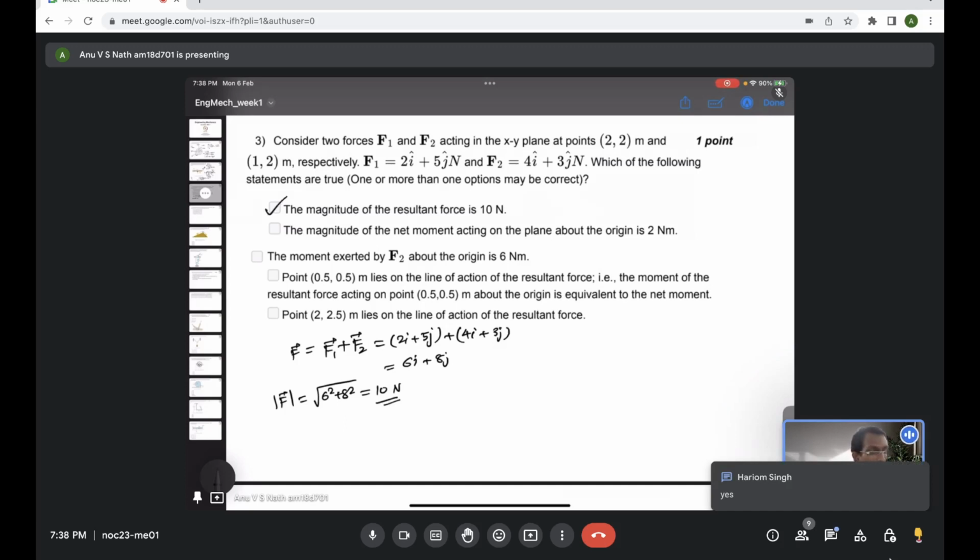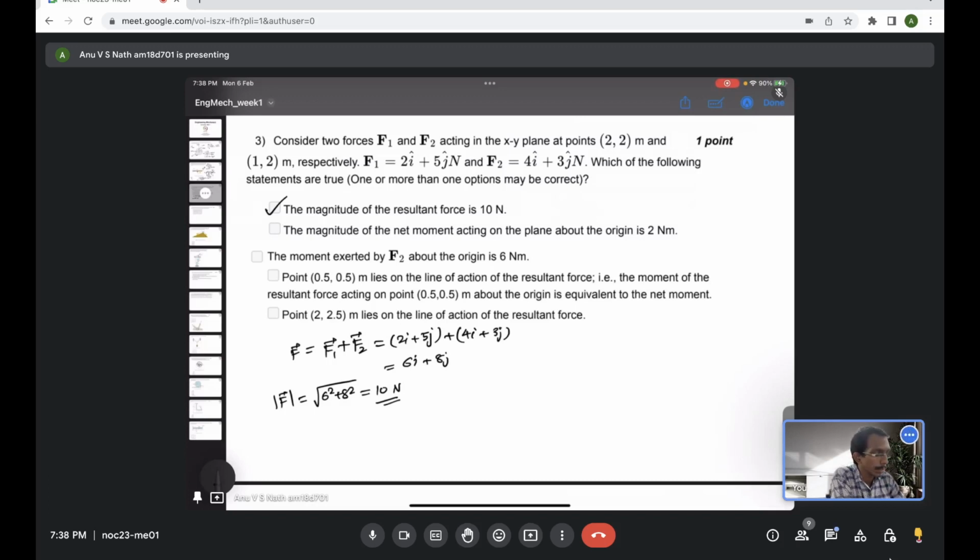Now the second option: the magnitude of the net moment acting on the plane about the origin is 2 Newton meter. So about the origin, what is the net moment by these two forces? It is given as 2 Newton meter. We have to check whether it is correct or not.